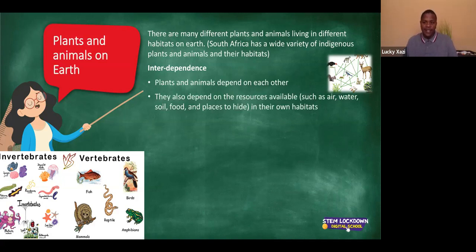We all know that there's a lion and perhaps a cow or a springbok. We can say that a lion depends on a springbok, and a springbok depends on what? On grassland. They also depend on the resources available, such as water, air, food, and places to hide for their protection.